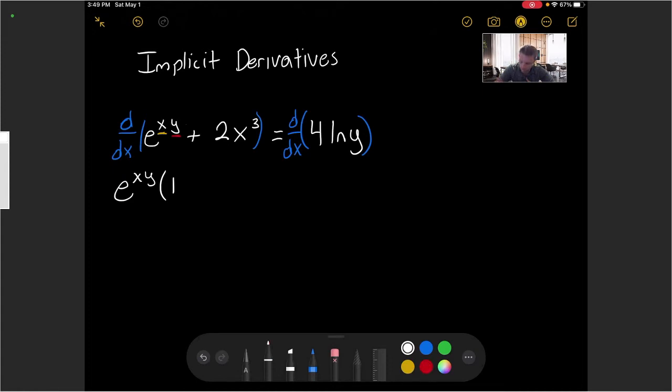Multiply by my second function, that's y. Plus, I'll leave the first, that's x, and then the derivative of y with respect to x is dy/dx. So the derivative of xy, if we take it implicitly, will just be 1y plus x dy/dx.